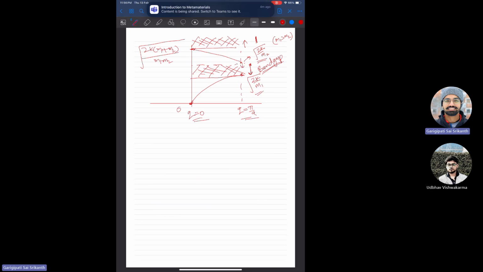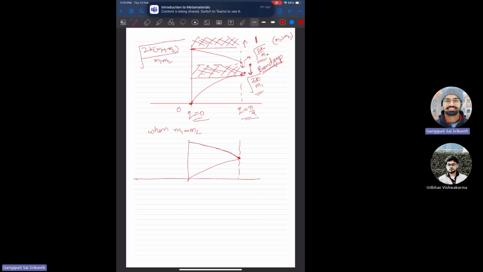So this comes down, this goes up. And at some point when M1 is equal to M2, these two values are the same. So the band gap has closed.